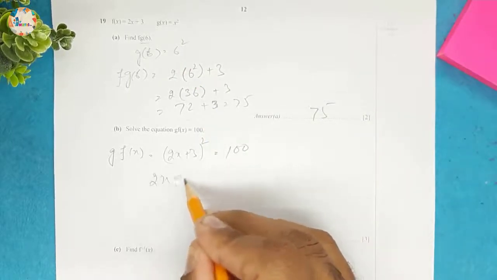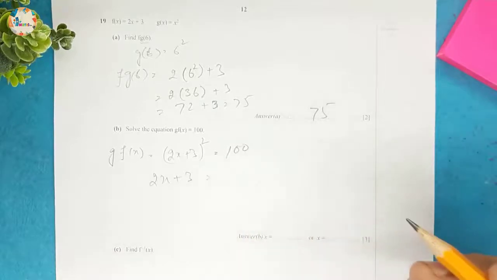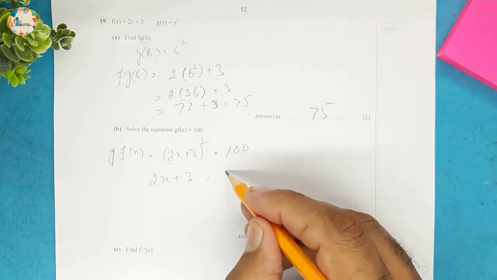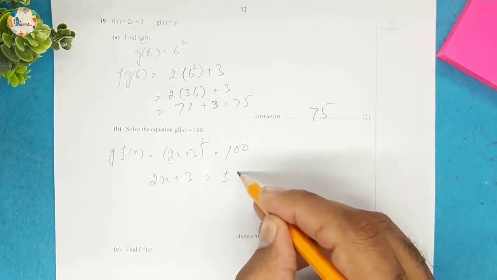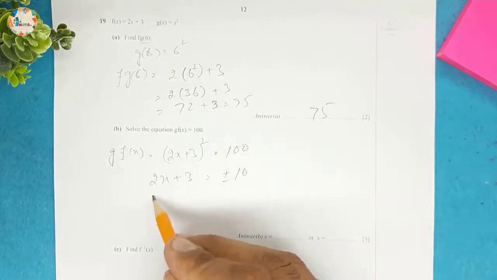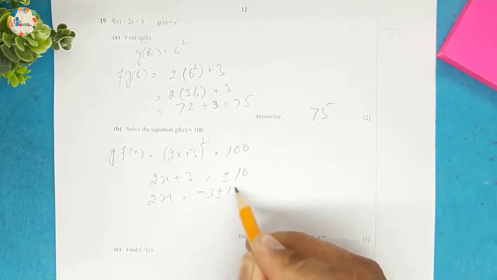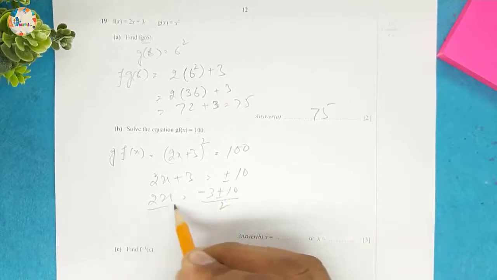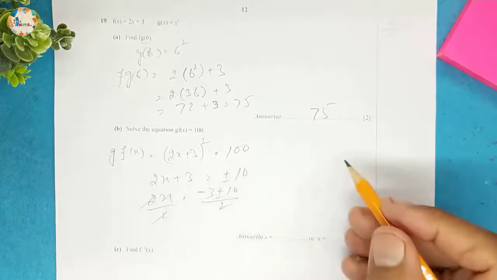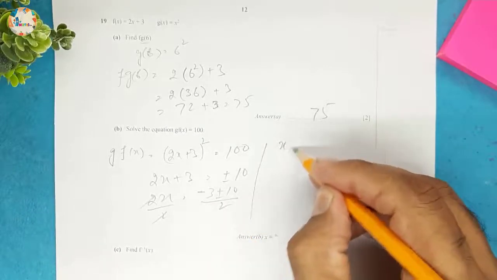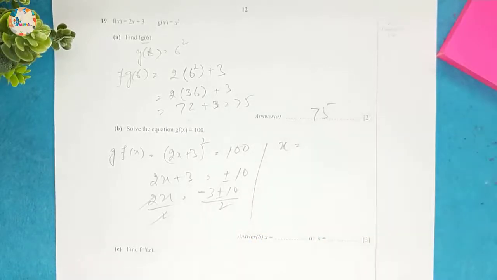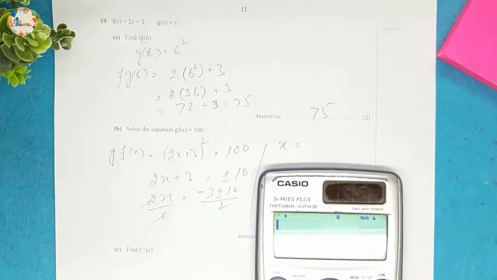So 2x plus 3 will be equal to the square root of 100. We can write plus minus 10, and 2x will be equal to minus 3 plus minus 10, over 2. We can cancel this, so this will be the x value. So x can be equal to minus 3 plus 10, divided by 2, will be equal to 3.5.